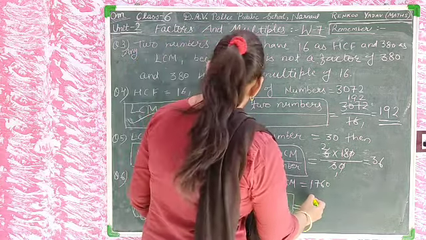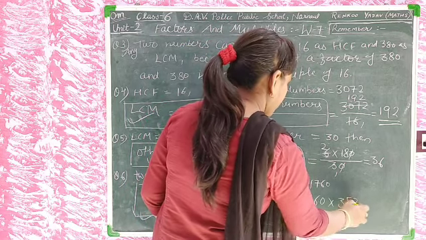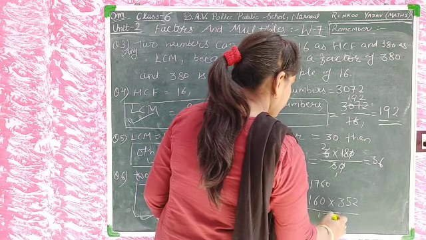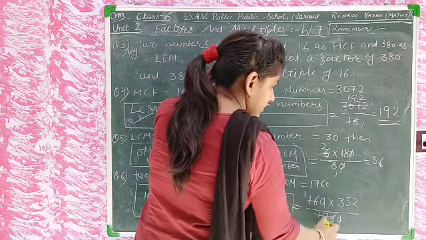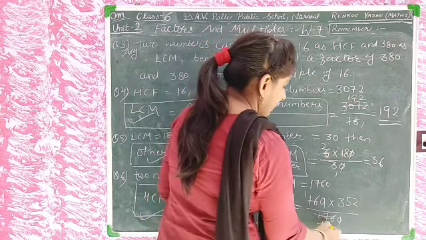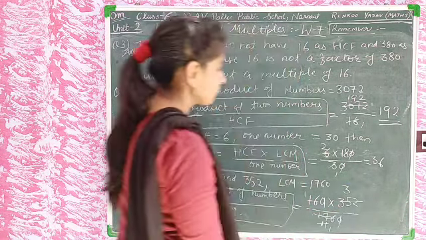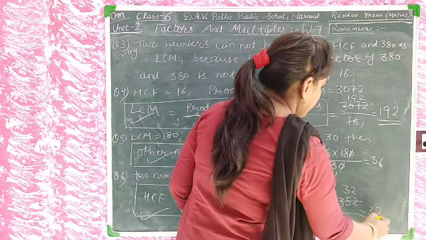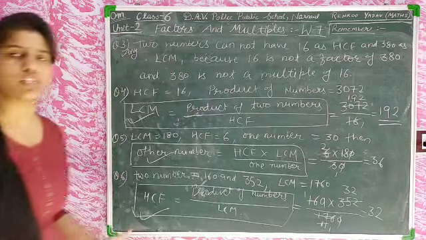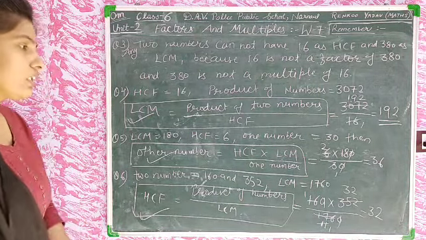So this is equal to the product of two numbers 160 into 352, divided by 1760. 1 0 is cut here. 16 1s are 16, 16 1s are 16, 16 1s are 16. 11 1s are 11, 11 3s are 33, and 3 2s are 6, 11 2s are 22. It must be equal to 32 as the HCF there. Is it clear, students? This is question number 6.